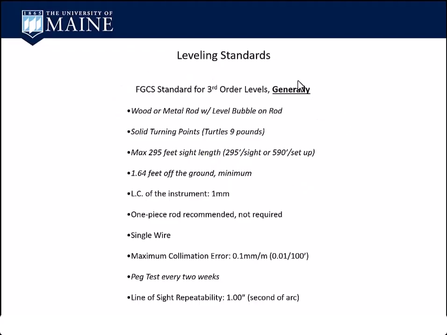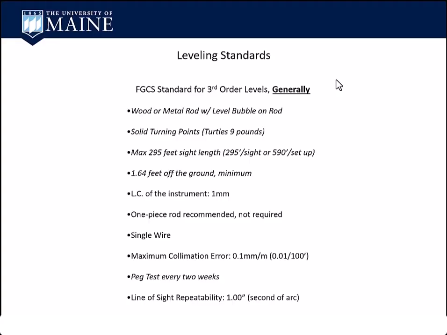So when I had my guys running levels, digital level, automatic optical level, we just conformed to these third order levels from the FGCS, Federal Geodetic Control Subcommittee standards, I think. There are other parts of third order levels that I didn't conform to, and I would make a note on the plan or survey report that we did third order levels, except we didn't do the meteorology.